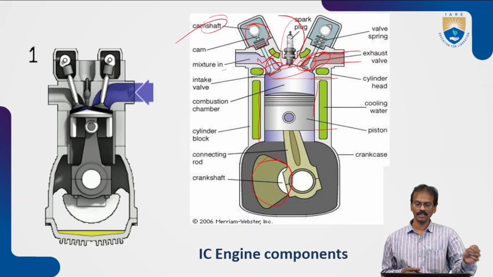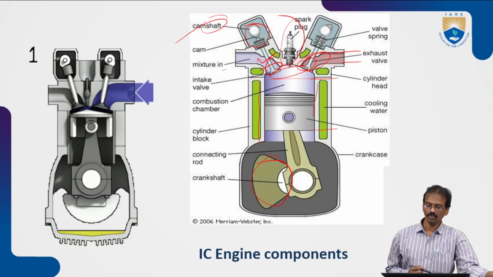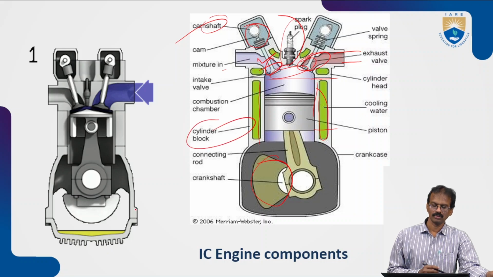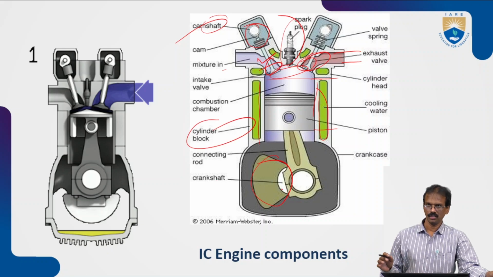Here are the cooling water jackets for cooling purposes, and this is the cylinder block. This is the crankshaft, which is connected to a motor to run it. And you know that this one is the piston.